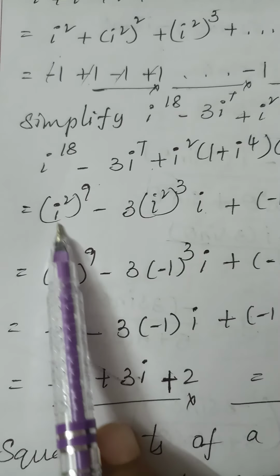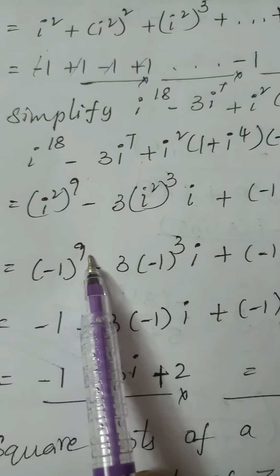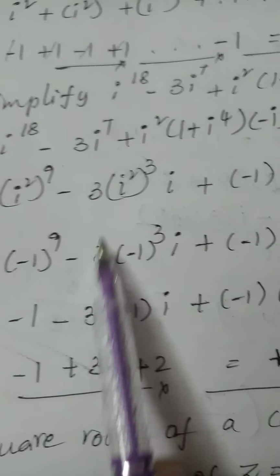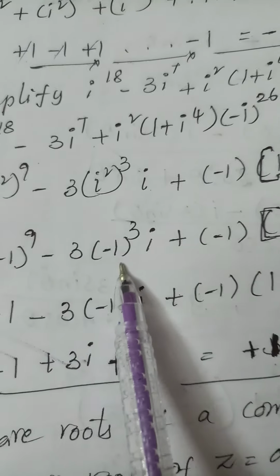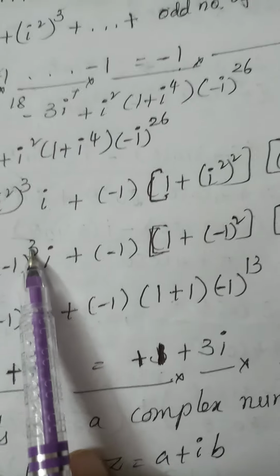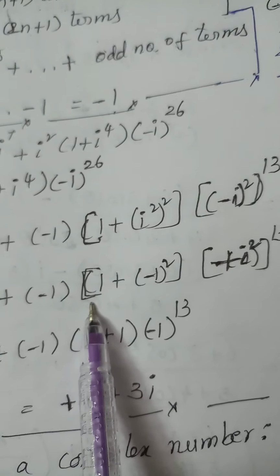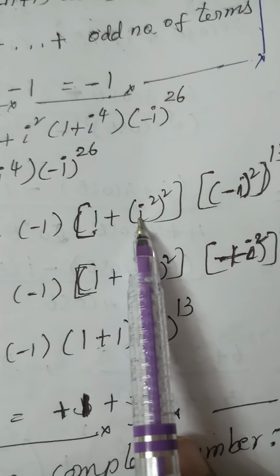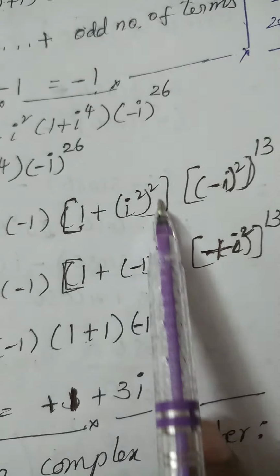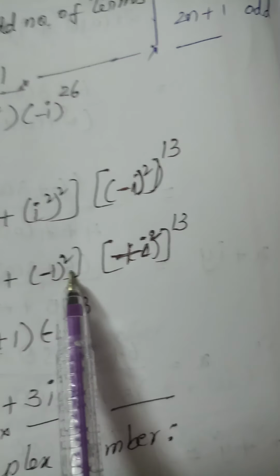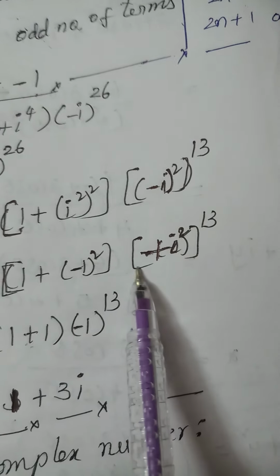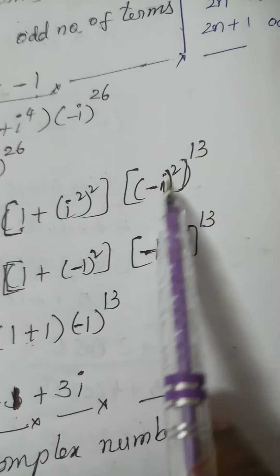So look here, i square value is minus 1 power 9, minus 3 into i square value, minus 1 whole cube, into i, plus minus 1 into 1 plus, here also i square value, minus 1 whole square, plus whole square into minus i square.